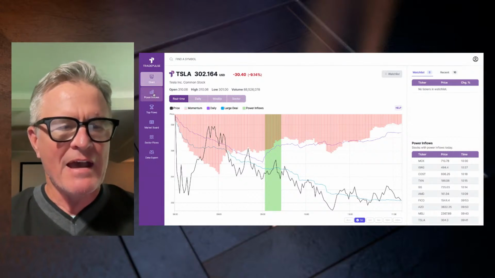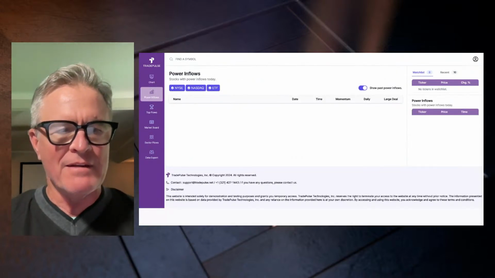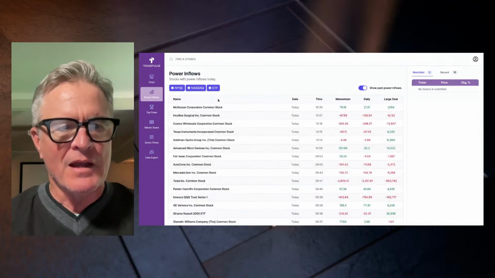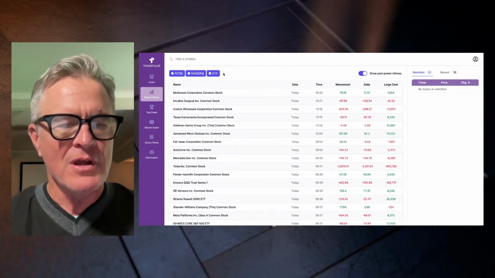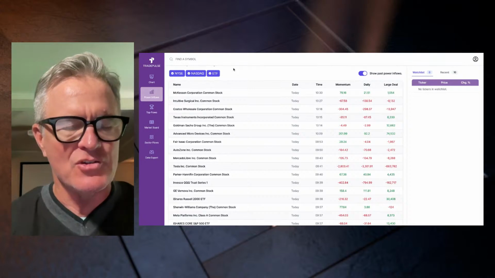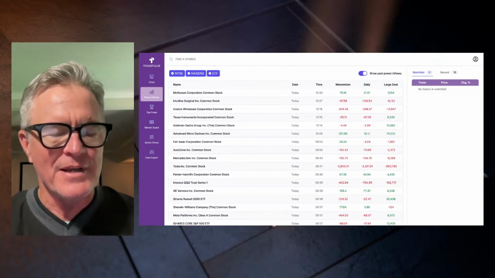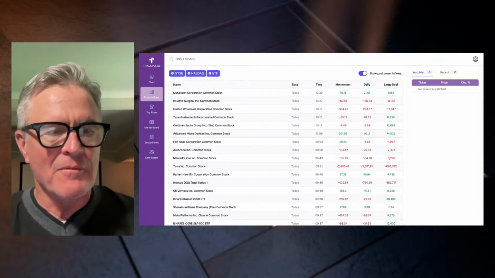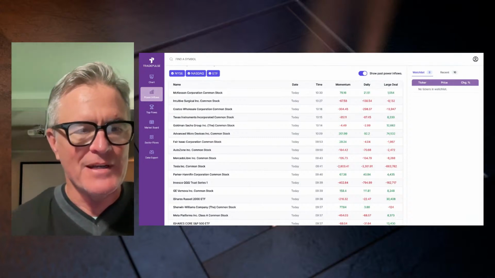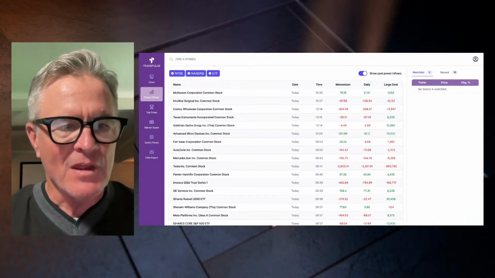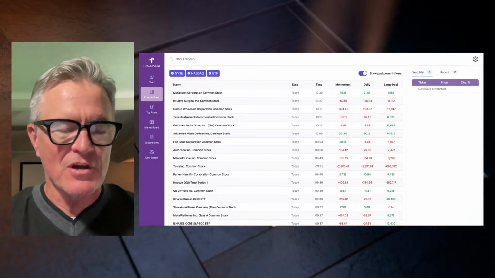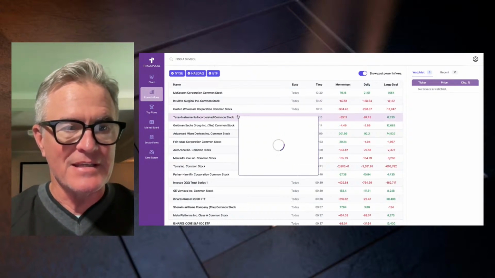Then we also have what we call our power inflows, which are signals that the order flow has changed. In other words, there's been an overwhelming result of positive order flow coming in, typically related to large institutional flows. So you're following the big money in this case.